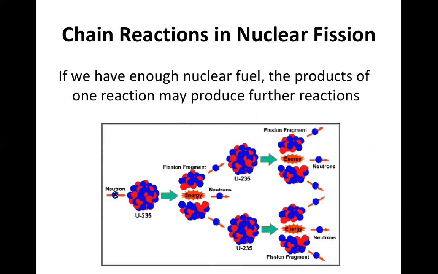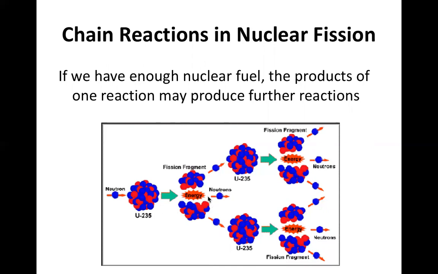So after that first step of the neutron being added, the nucleus becomes unstable and splits apart into fragments, smaller atoms and neutrons. And then these fast neutrons are slowed down by a process called moderation. There's some heavy water, which we'll talk about in a second, to help slow it down.